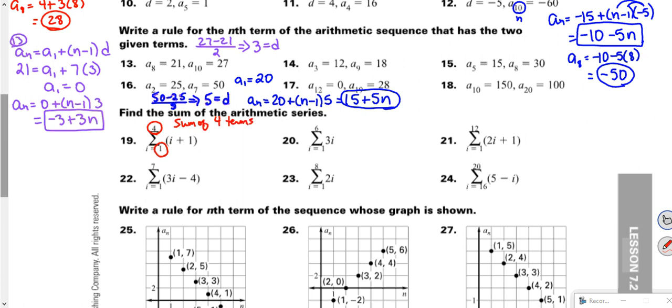So A1 is going to be 2 because it's 1 plus 1, and A sub 4 is going to be 4 plus 1, or 5. So my formula says that the sum of 4 terms is going to be 4 times A1 plus A4, divided by 2. So 2 plus 5 is 7. The 2 goes into the 4 twice, so we're looking at 14.